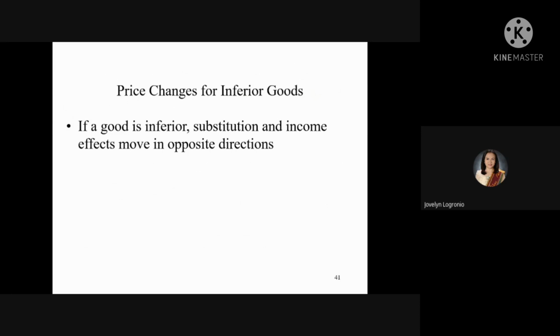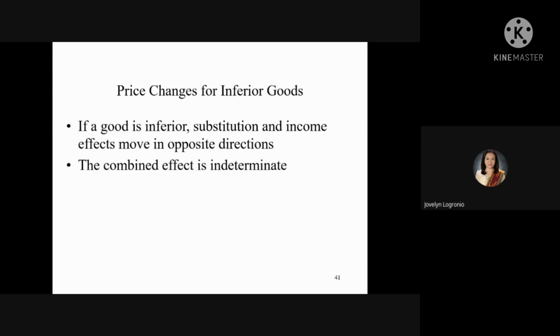So, for example, if the price of good X falls, then by the substitution effect, pwedeng tumaas yung quantity of good X, and by the income effect bumaba yung quantity of good X. So opposite yung direction.